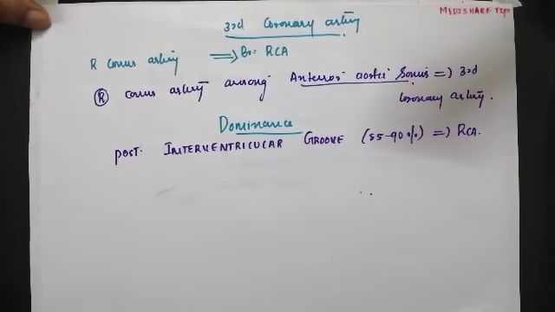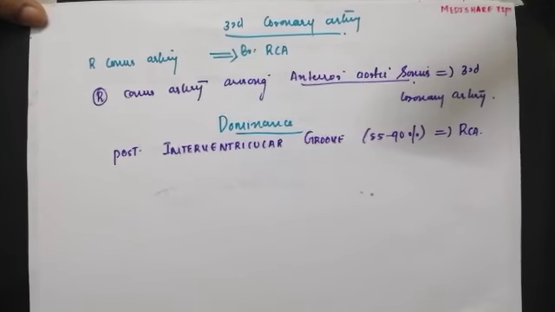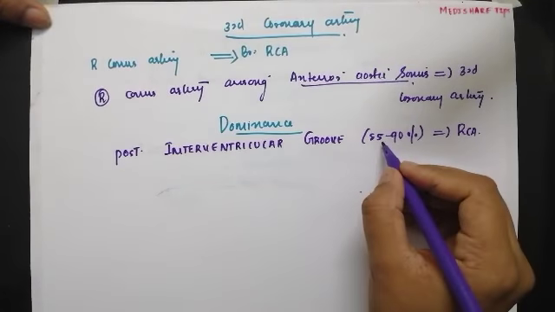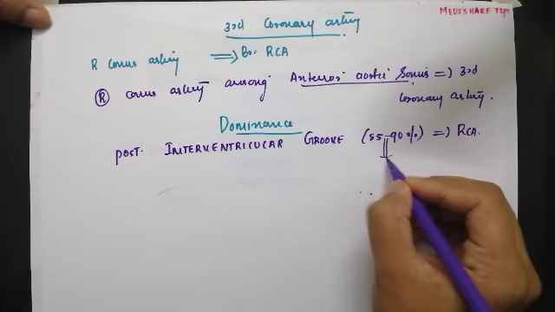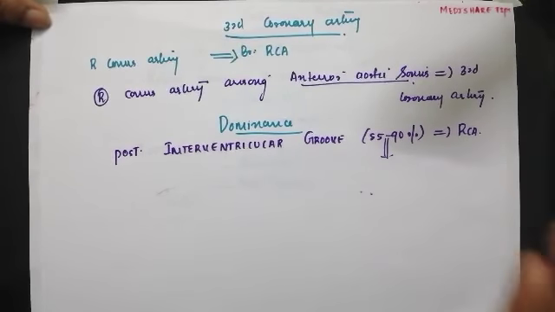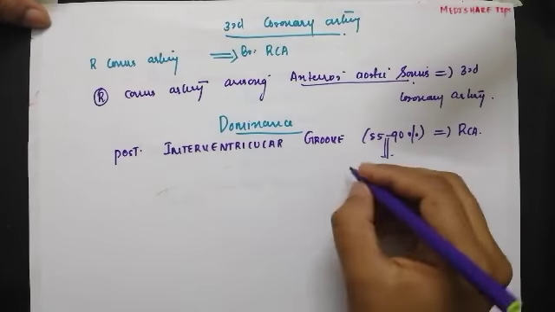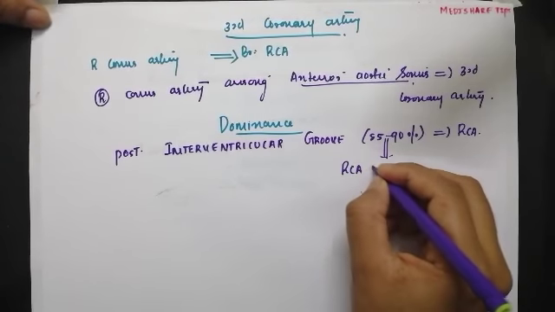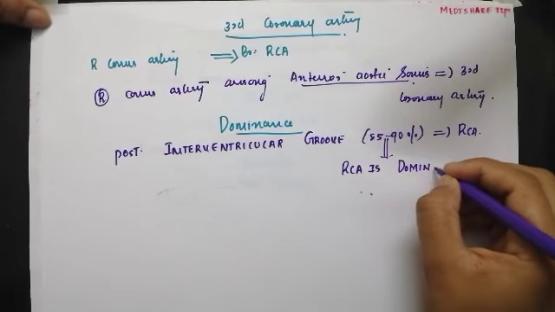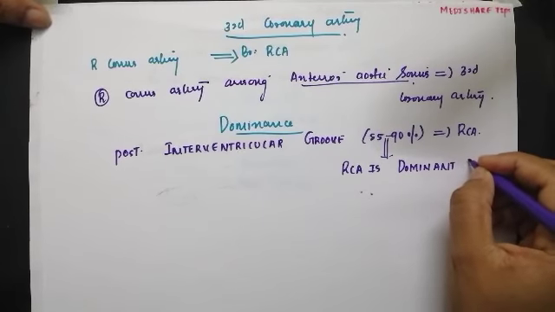So the artery which is supplying the posterior interventricular groove is called the dominant artery. So in 85 to 90% of cases, the right coronary artery is called the dominant artery. That is called right dominance.